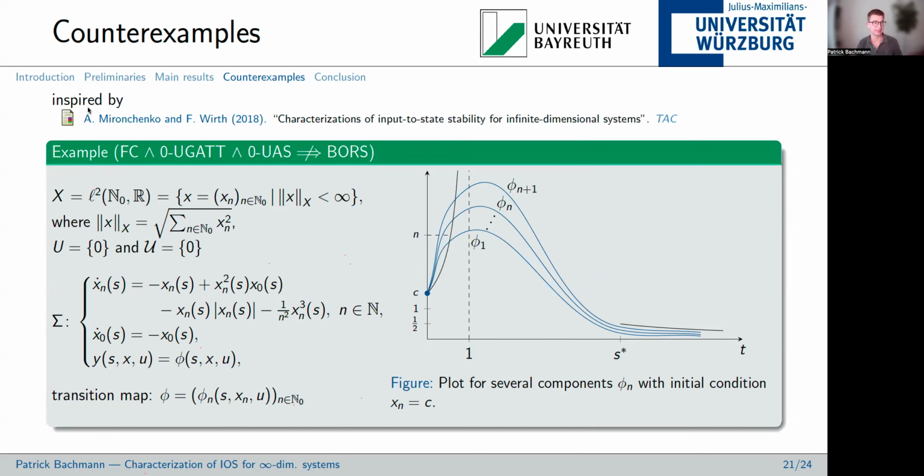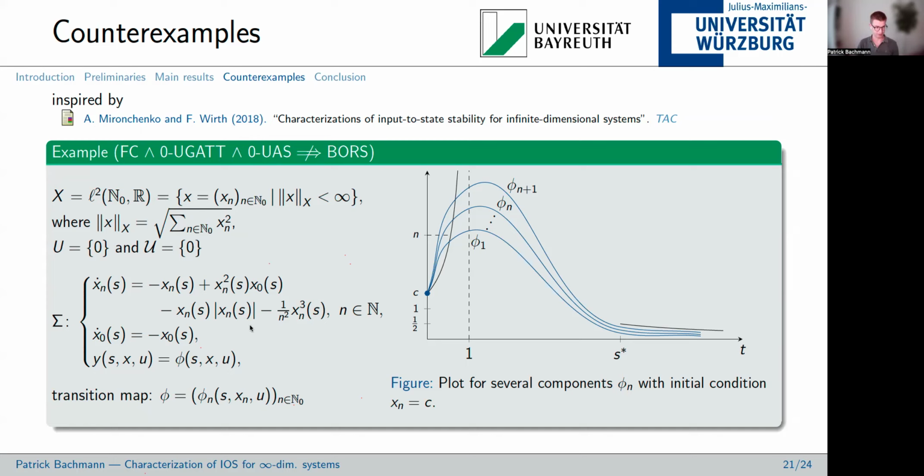For this, let's start with an example that also was introduced in this paper by Andri and Fabian Wirth. And we modified this example a bit.